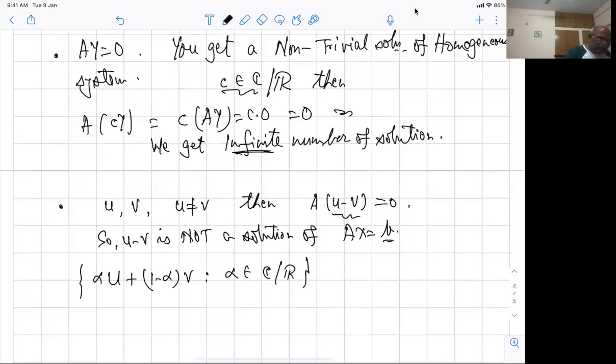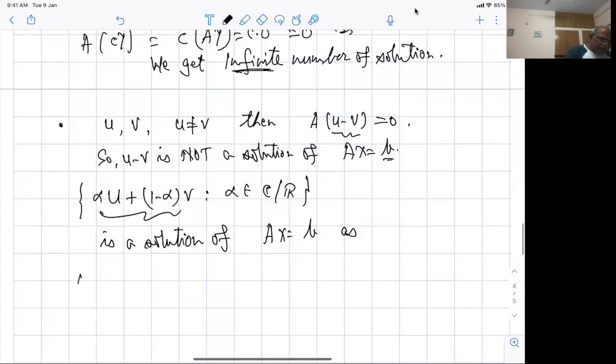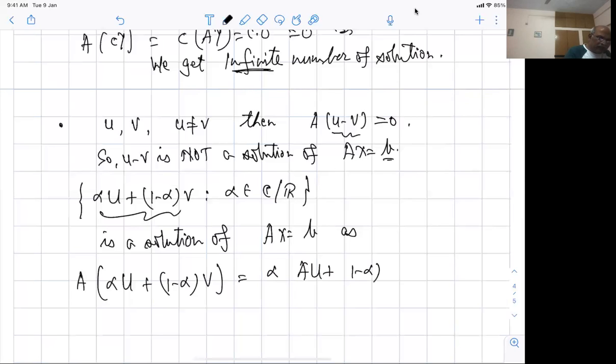If I look at this, then this whole set is a solution of Ax is equal to B, as A times alpha U plus 1 minus alpha V is the same as alpha times AU plus 1 minus alpha times AV, which is alpha times B plus 1 minus alpha times B. Alpha B minus alpha B will cancel out, and I will get B. All right.